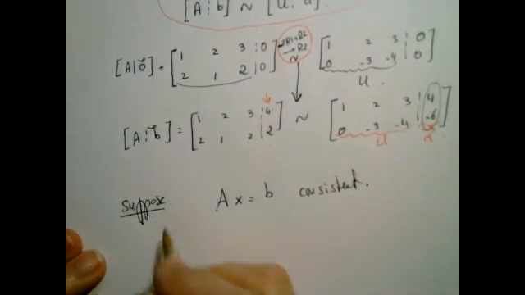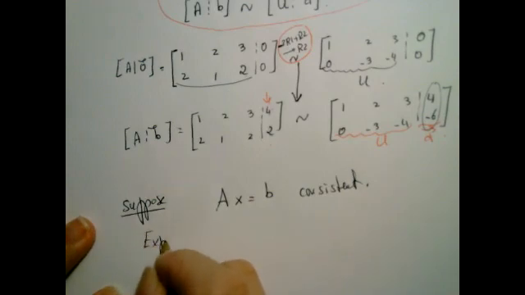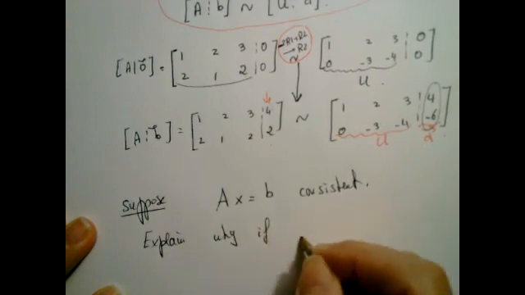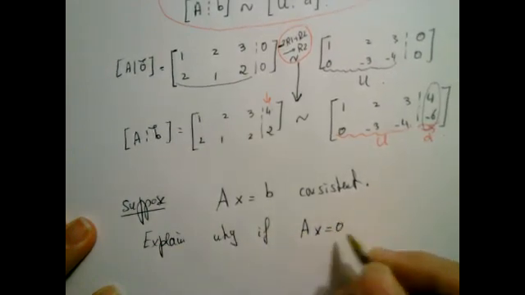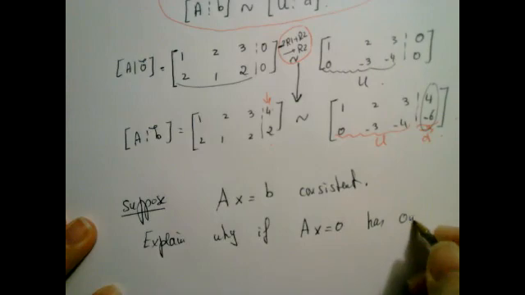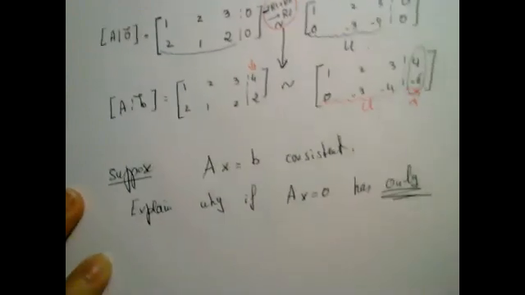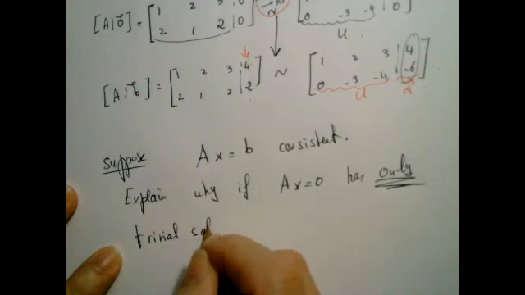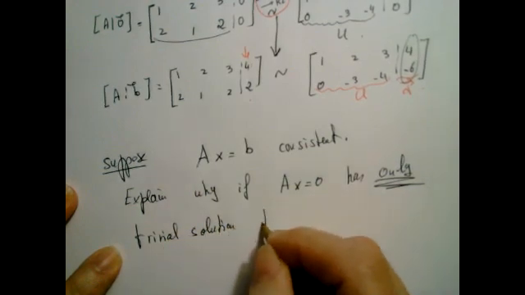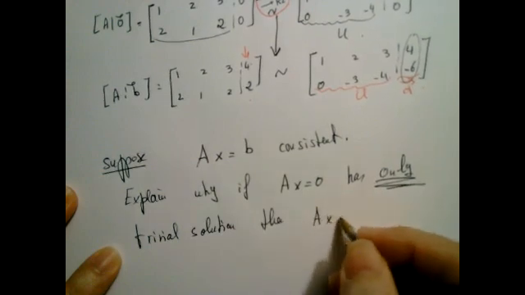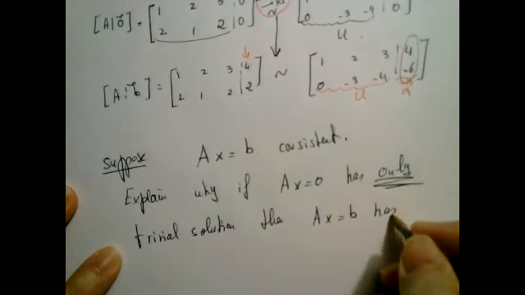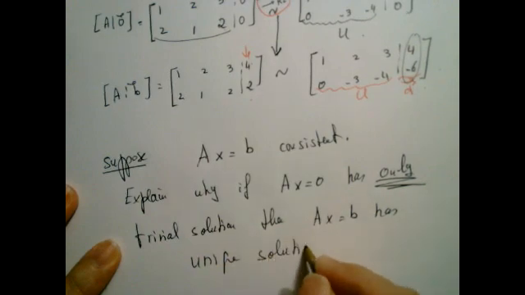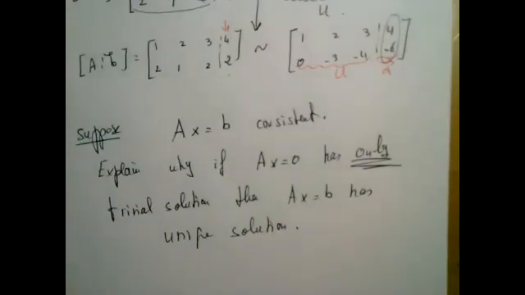So what I want you to show is to explain why, if AX equal to 0 has only the trivial solution, then AX equal to B has a unique solution. Okay. So that's really the question.